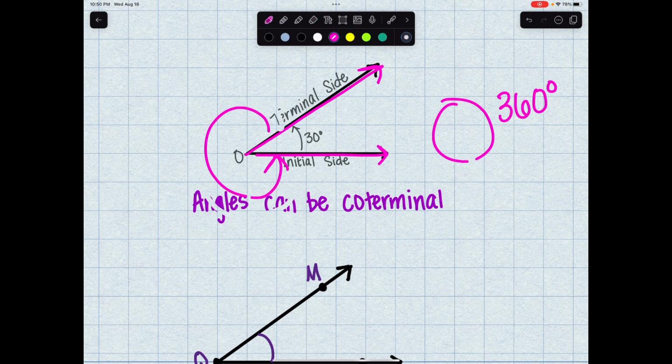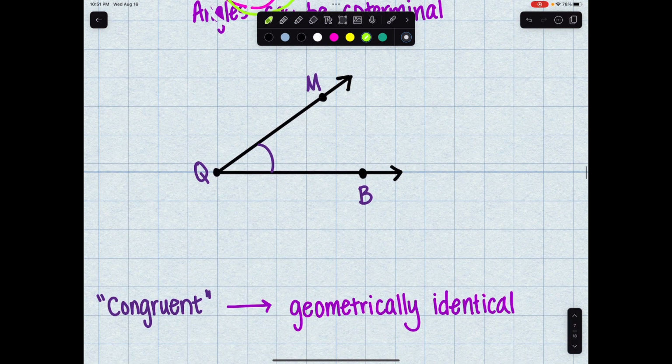If you started here and went all the way around and went to the terminal side again, then you overlap these areas and it would be 360 plus the 30 degrees. Tell me if that makes sense.